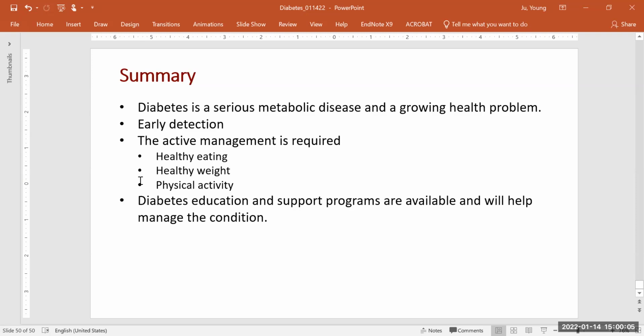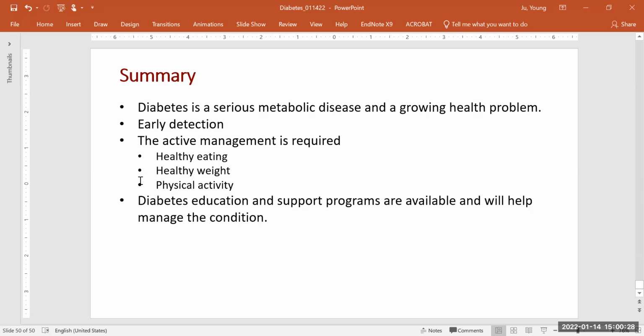So in summary, diabetes is a serious metabolic disease characterized by high blood sugar level and also often insulin resistance. It is a growing healthcare problem with ramifications affecting individuals' health, the healthcare system, and the economy of the US and the world.